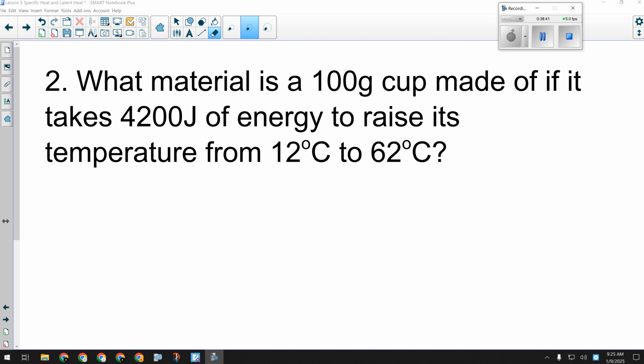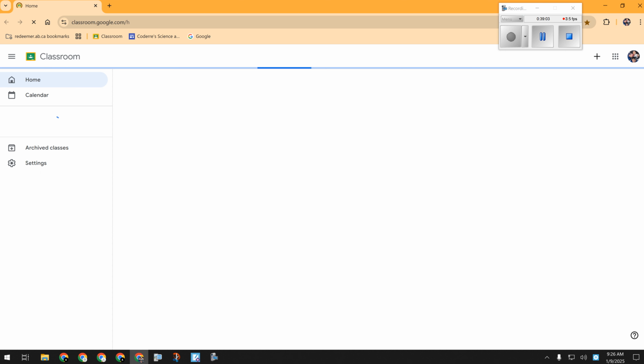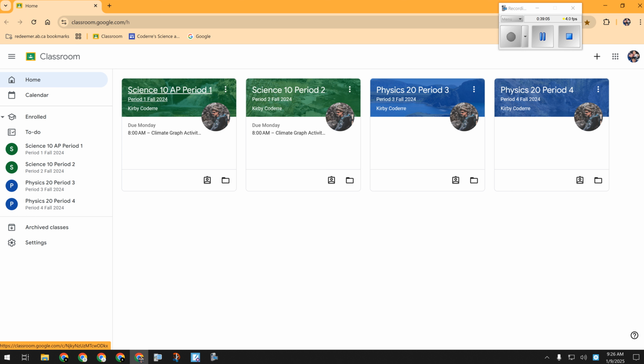Okay, so obviously, again, not the most mathematically challenging question you've ever done in this class. We're looking for the material on this one, so that means we're actually looking for the one thing that is specific to this material, its specific heat capacity. So we will actually have to refer to that sheet I was talking about, so I should probably bring that up. I believe it's the workbook.